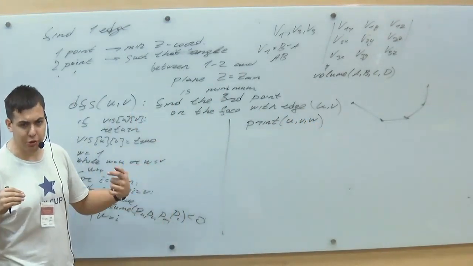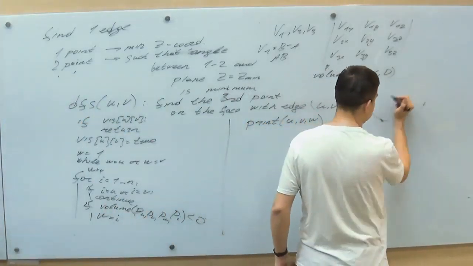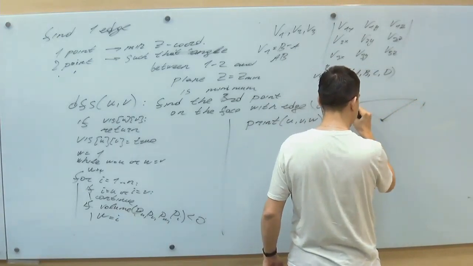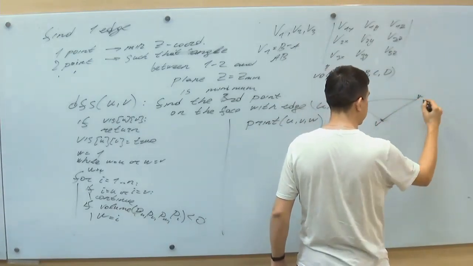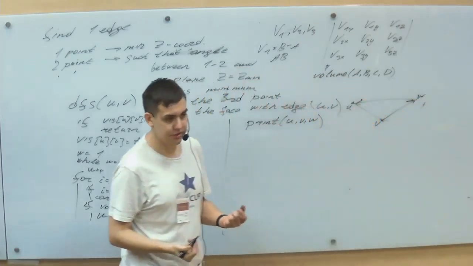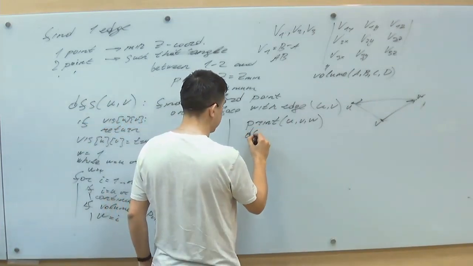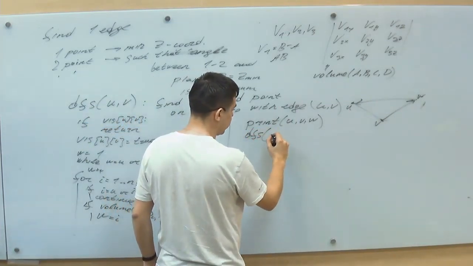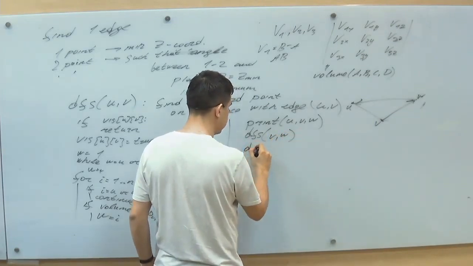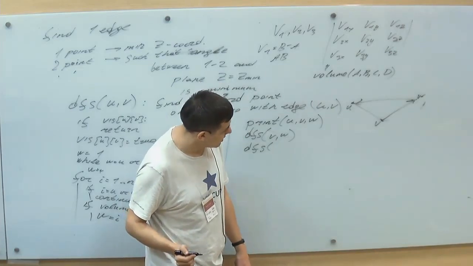And then I make 2 more recursive calls. So I have found that this is an edge of the convex hull, U, V, W. And then I make the recursive call from this edge and from this edge. DFS of VW and DFS of... Now, VW is useless, right?